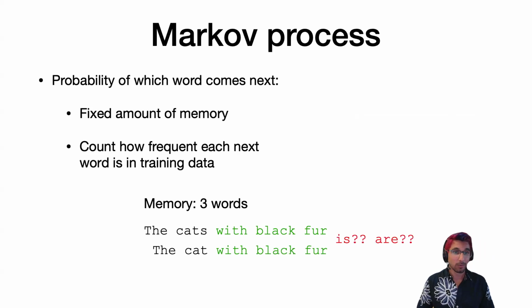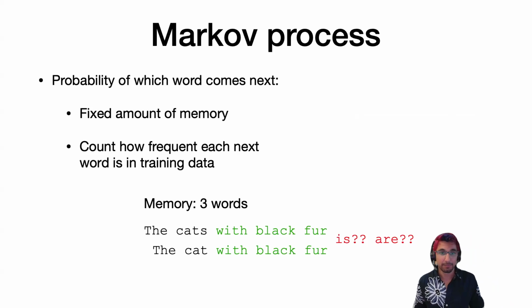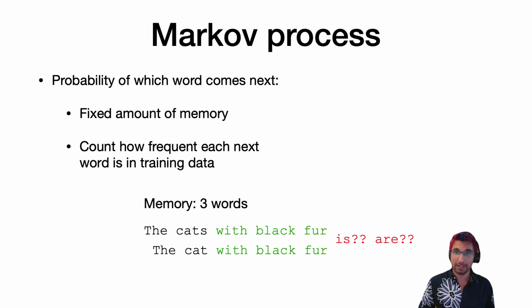And now the question is, which word could come next? It could be "is" in the second case, and it could be "are" in the first case. And both of those might occur in the training data, and so it'll have some chance of giving either of those. But because it doesn't have the memory of the word cat or cats, it's going to sometimes get it wrong. Now, if you only have 3 words of memory, you can't stay grammatical.